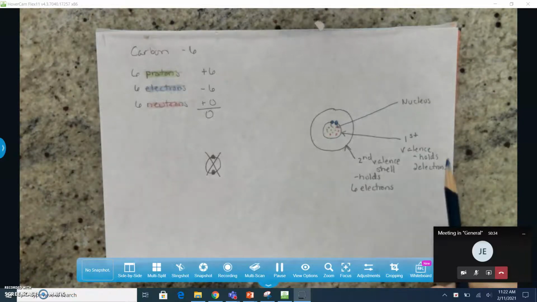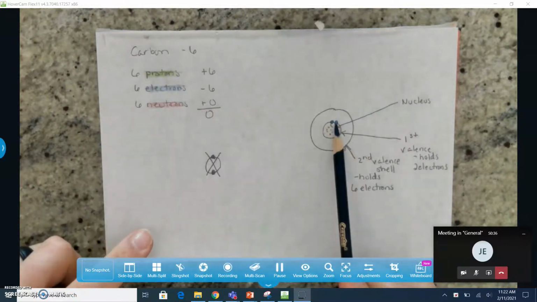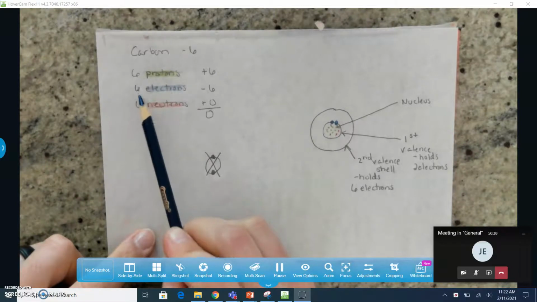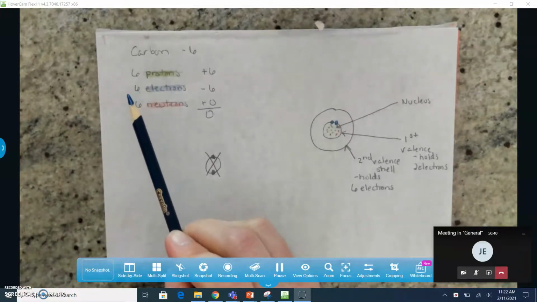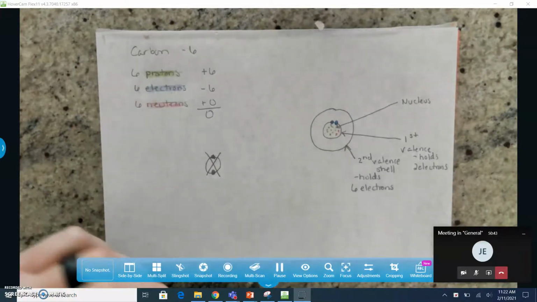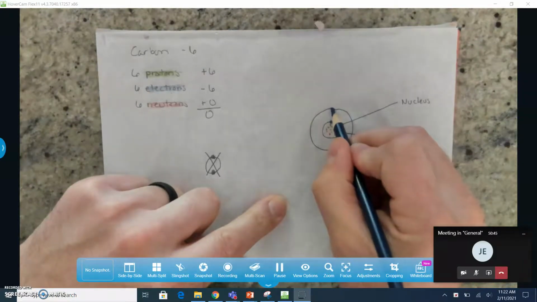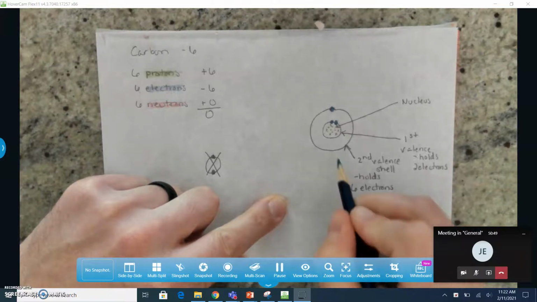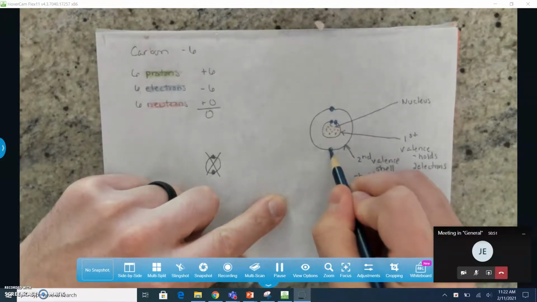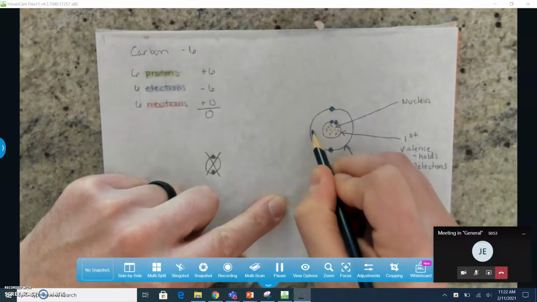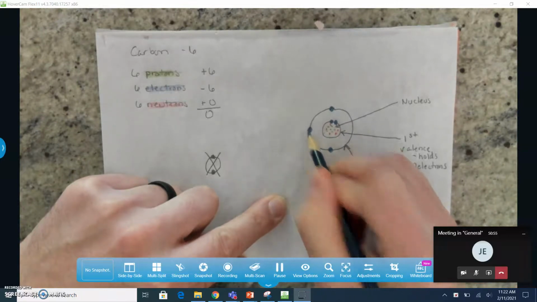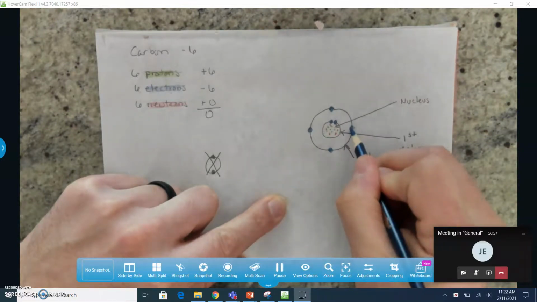I used 2 of my 6 electrons, so I need to put in 4 more. I'm going to start at the top, put my first electron, then go to the bottom for my second, and then to the left, and then to the right.